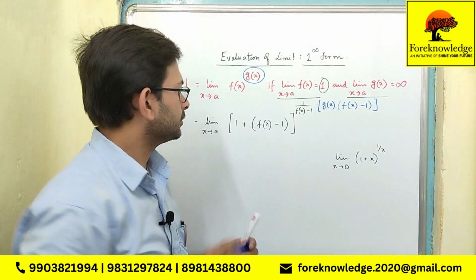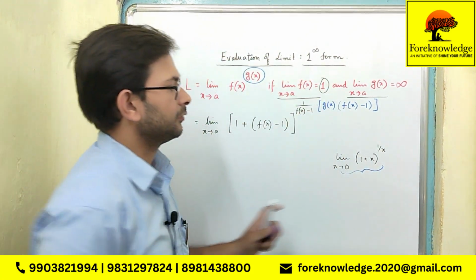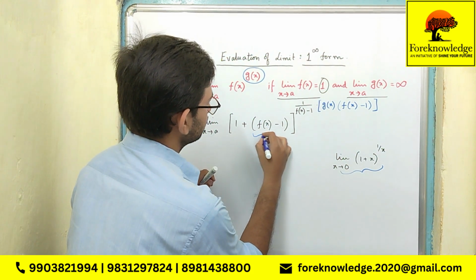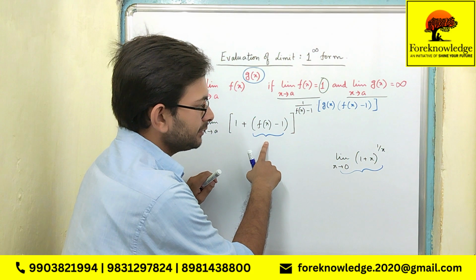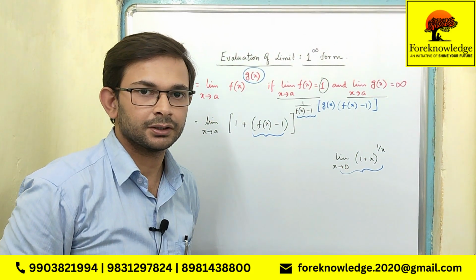So why are we doing this? Because we have to bring this form. Look, this f(x) minus 1 is present in the denominator of the exponent.